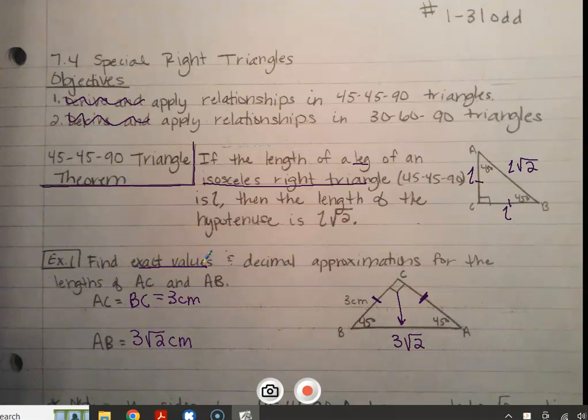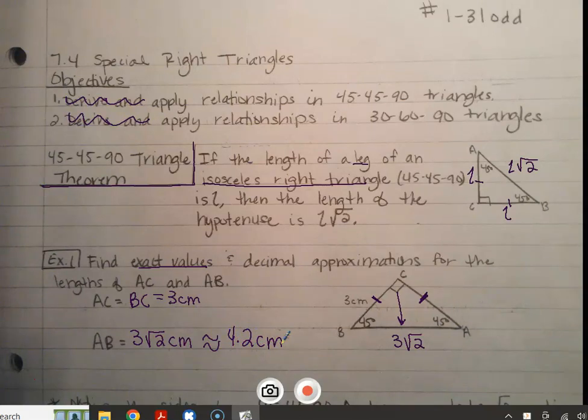And then we need the decimal approximation. So if we put that in the calculator, since it is an approximation, we would get 4.2 centimeters approximately.